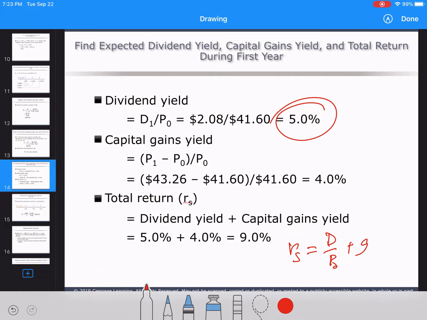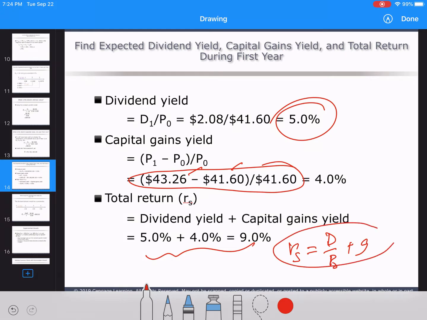They bought it at 41.60 and sold it at 43.26. Remember that P hat 1, we found this to be 43.26. So 43.26 minus 41.60 divided by 41.60 is 4%. So you can put both of them together, this return equation, and you can get 9%.